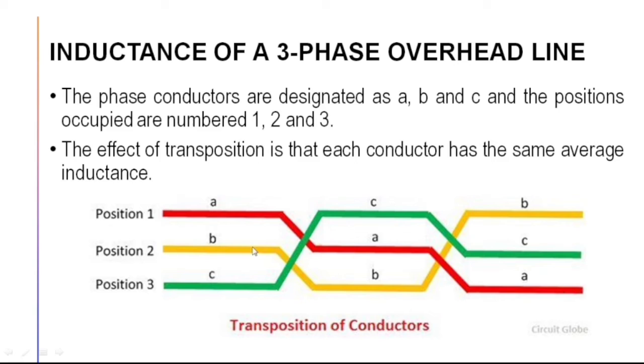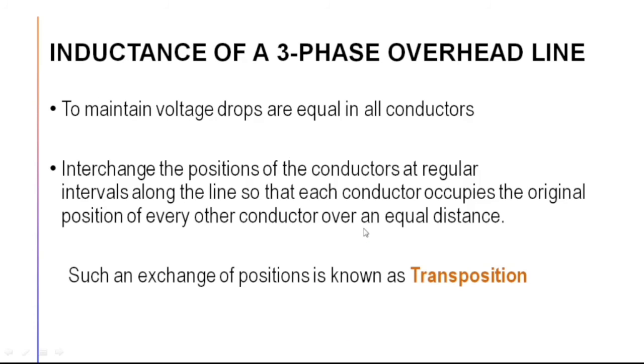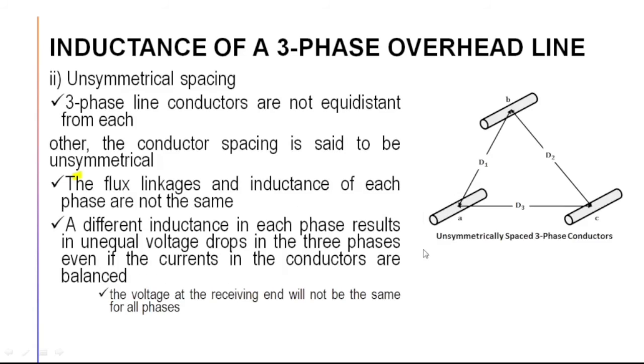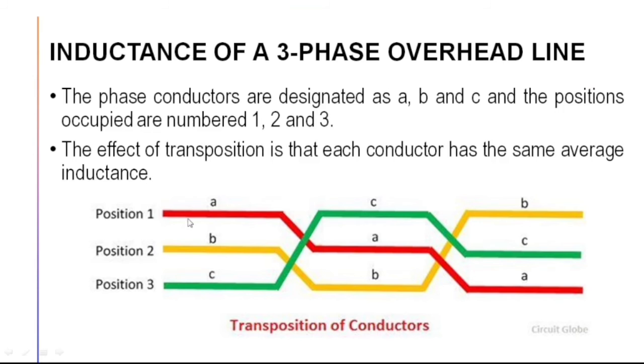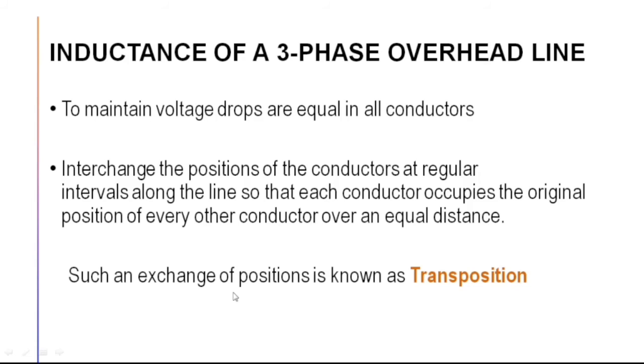In the same fashion, similarly for conductors B and C. It means interchanging the position of the conductors at regular intervals along the length so that each conductor occupies the remaining positions: the second position, which is the initial position of B, and the third position, which is the initial position of C. I think you got my point.